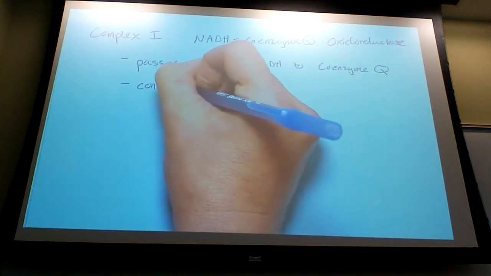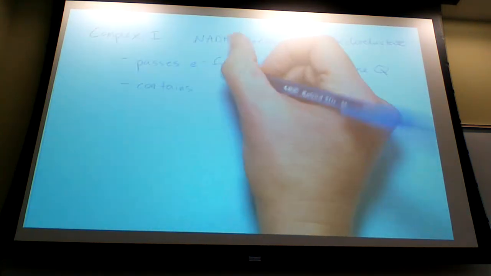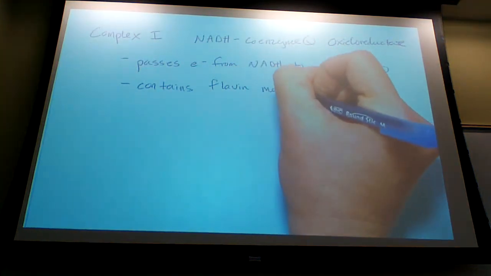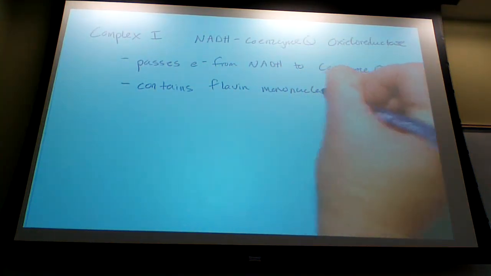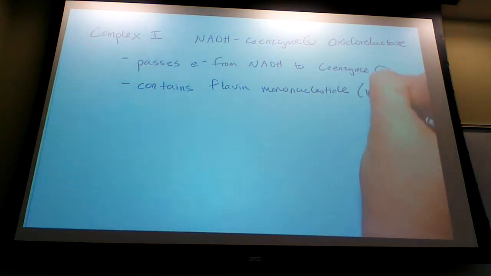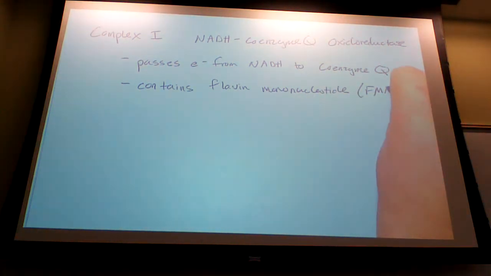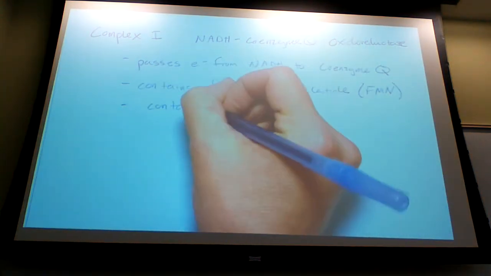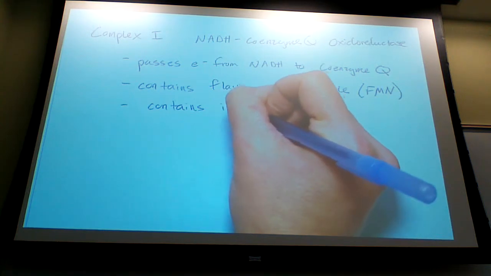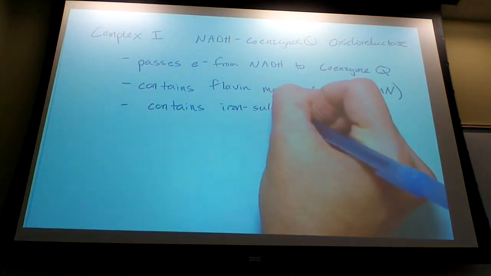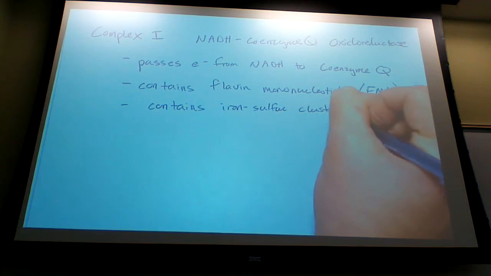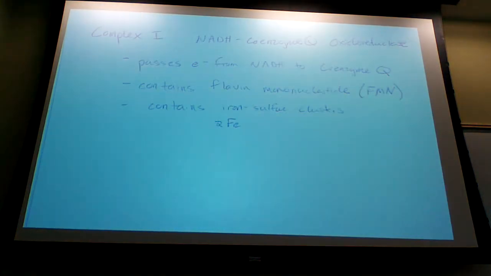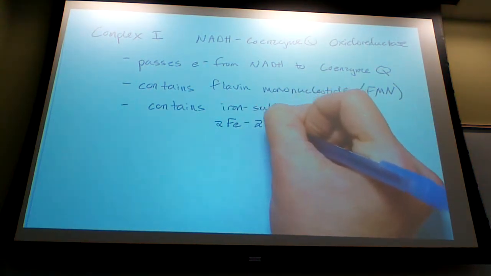It contains a flavin mononucleotide, abbreviated FMN. It contains iron sulfur clusters, and they can be 2Fe-2S or 4Fe-4S.